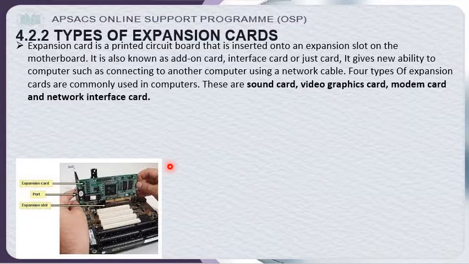Same here, if you want to connect your computer to a network and a network port is not available on your motherboard, you need an expansion card. Which type of expansion card do you need? You need a network interface card.